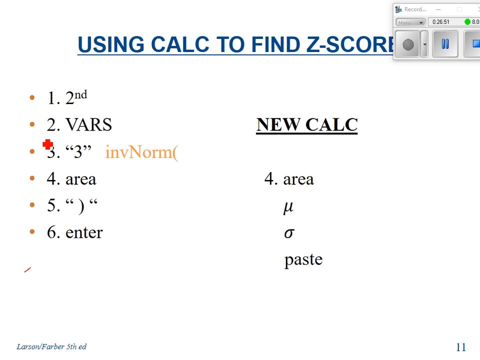On your calculators, I'll give you a second to copy that down. This is if you know the z-scores, or if you take all your raw information and change it into z-scores.